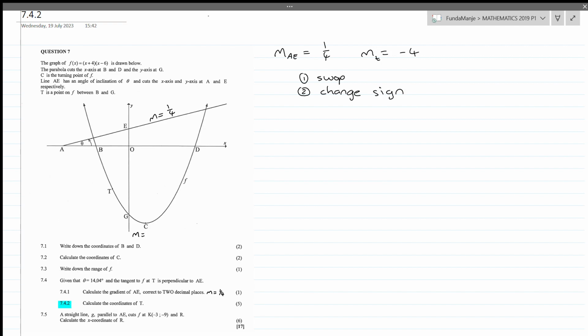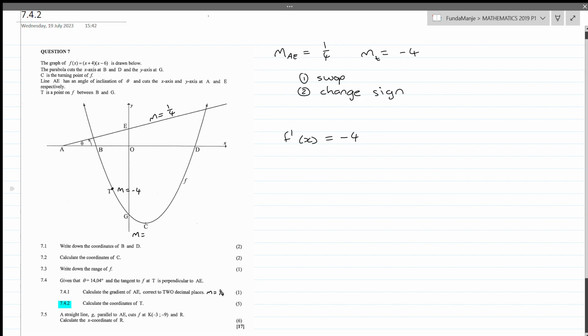So now that we know the gradient at that point T, we know what the instantaneous gradient is here. It's -4. Now we can use the first derivative, because we know the first derivative of a function describes its gradient. So the first derivative will be equal to -4. We are trying to find the value of x for that first derivative.